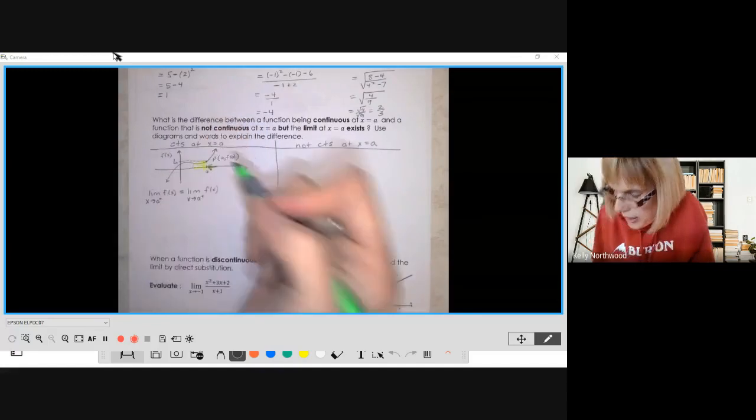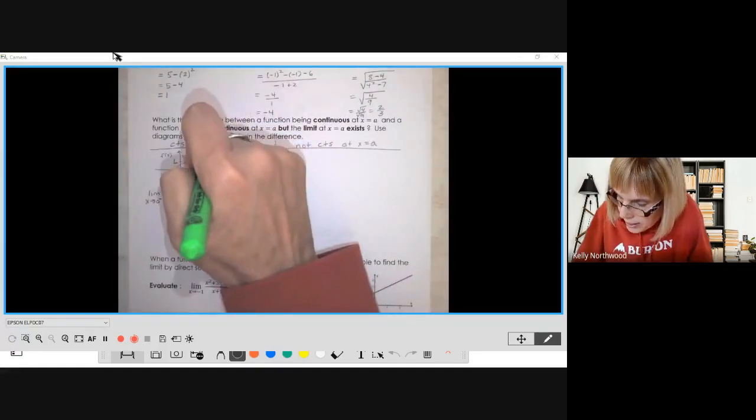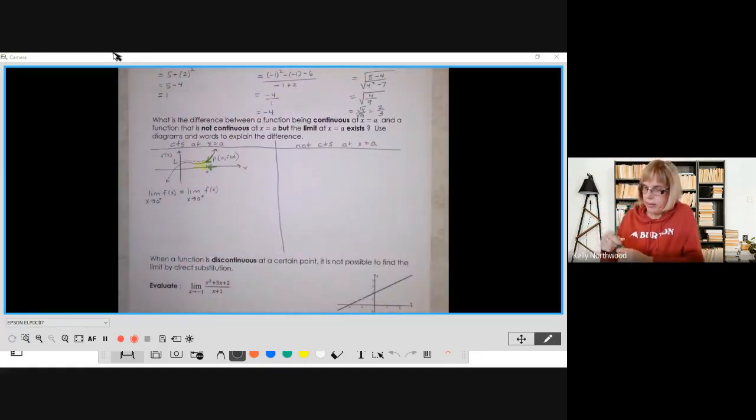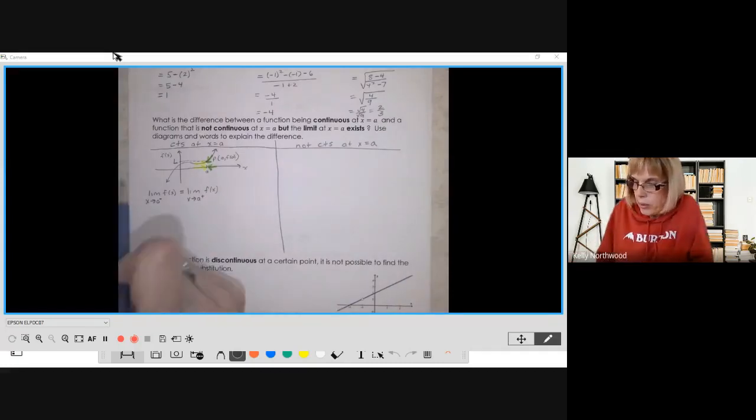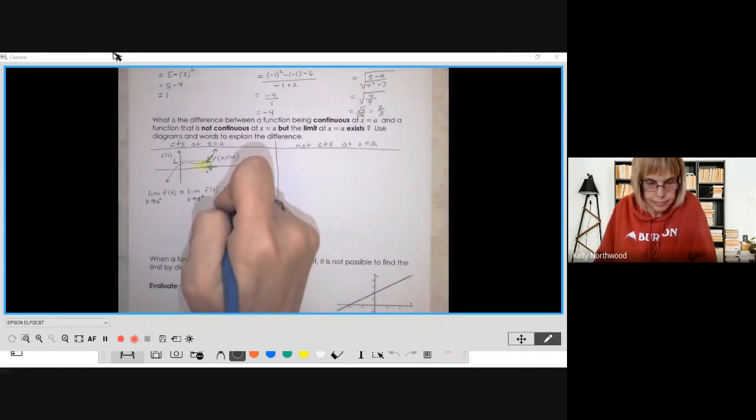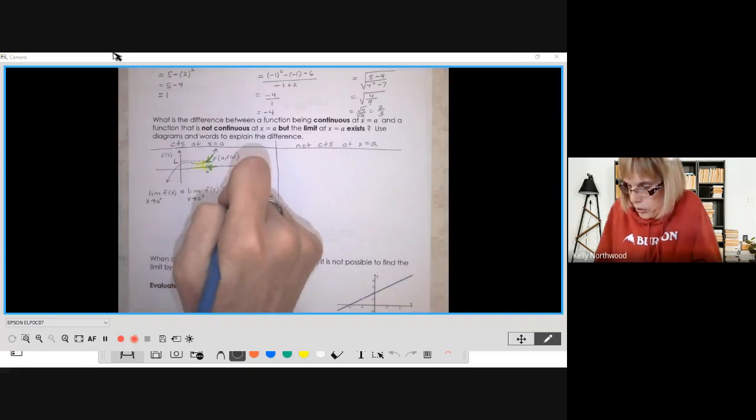So approaching a from the right, our curve is again approaching L. So they're equal to each other, and they're both equal to L.